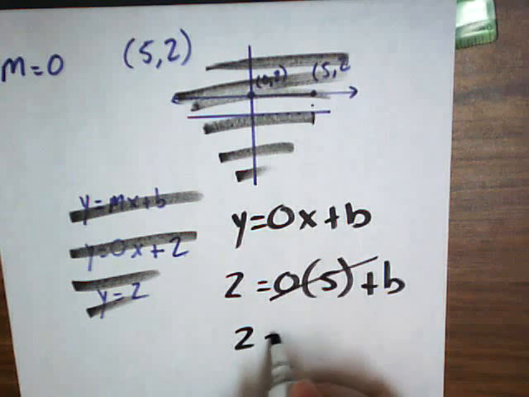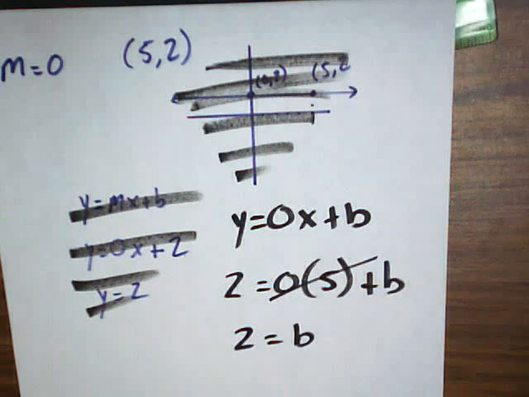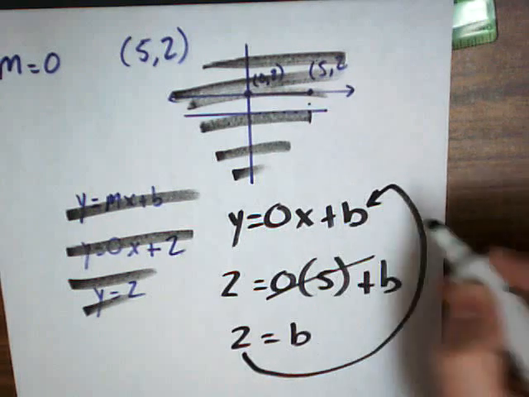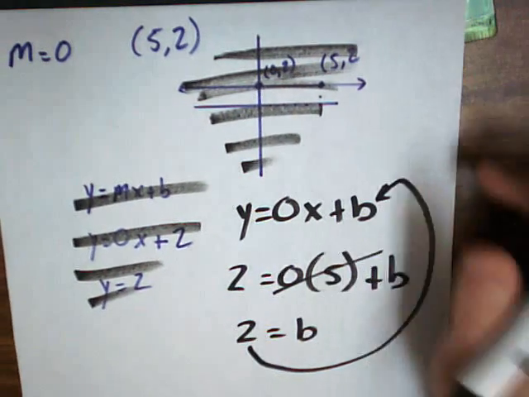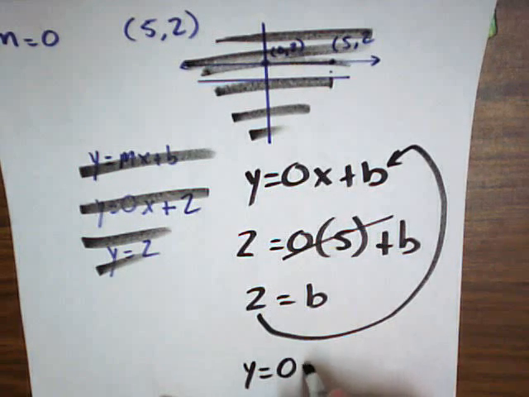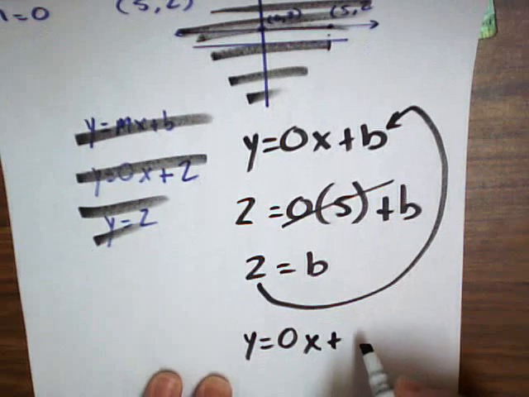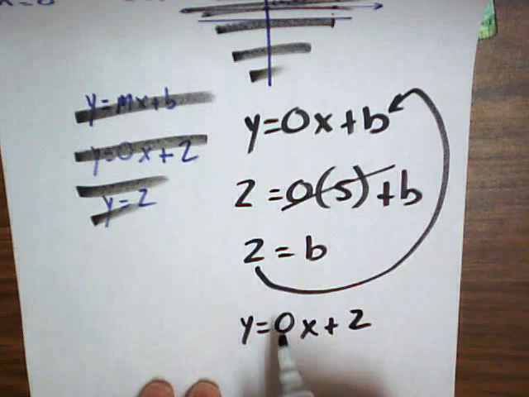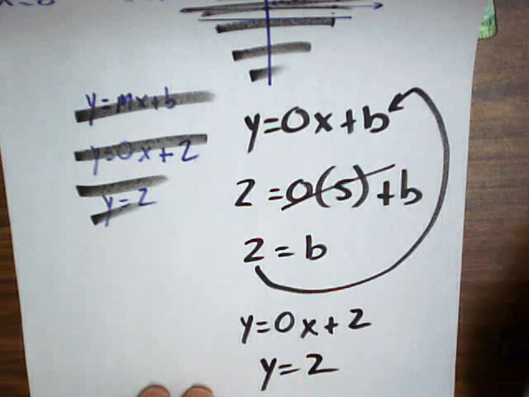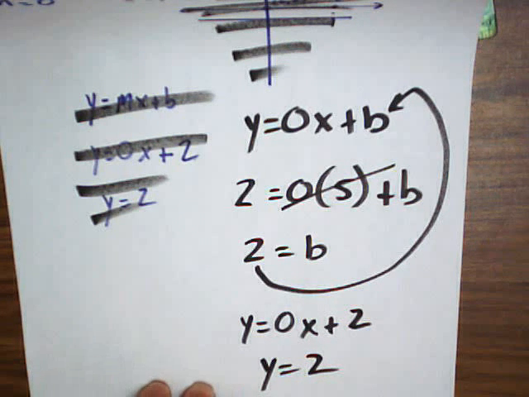So 2 is your b value. So that 2 gets put in right there: y equals 0x plus 2. And you don't even have to write the 0x. y equals 2. So your equation would be y equals 2. And that's slope-intercept form.